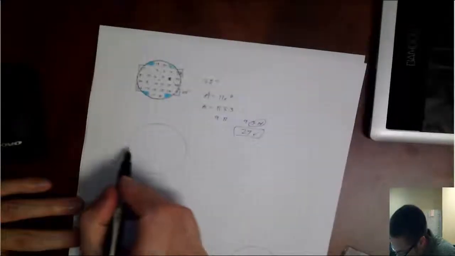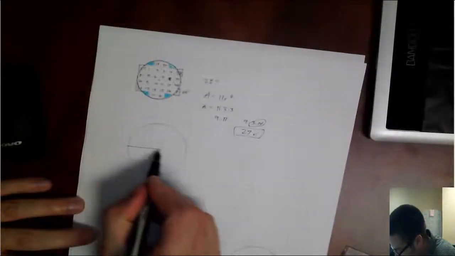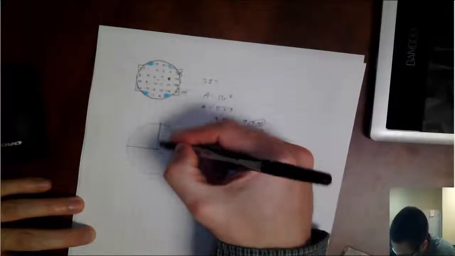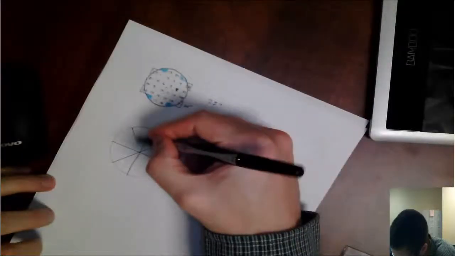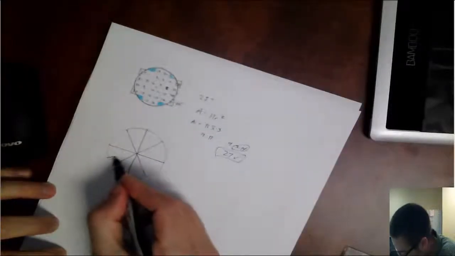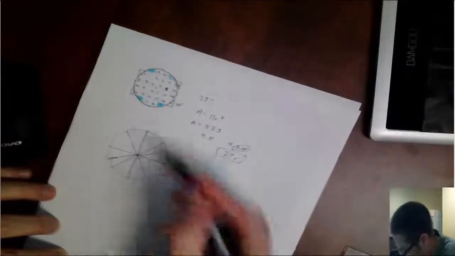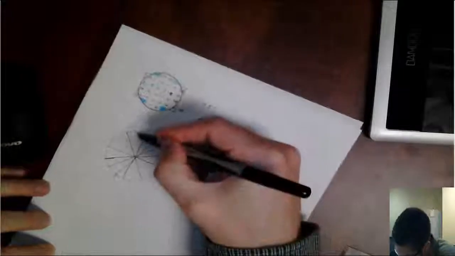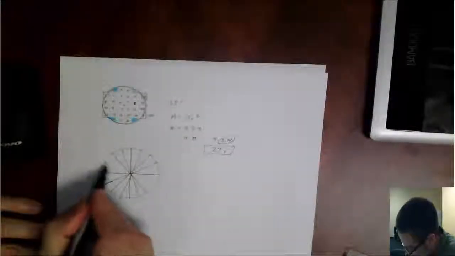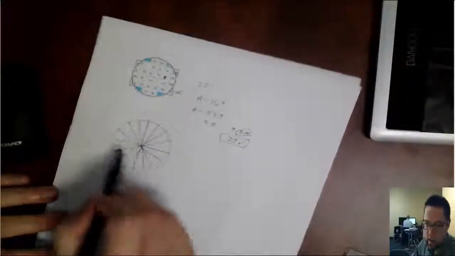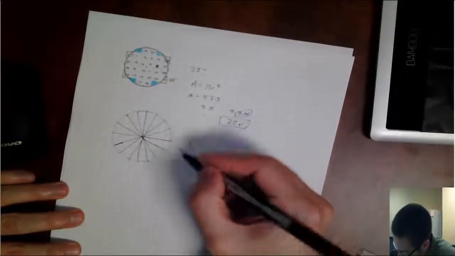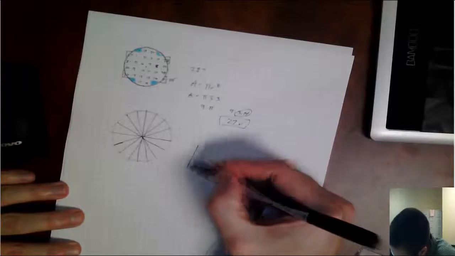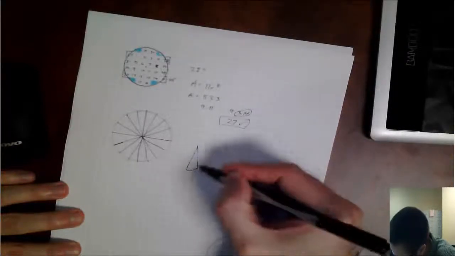Okay, I could split up the circle this way, cut it in half, cut it in half, cut it in half, cut it in half, cut it in half, this way, this way, this way, this way. Okay, so I have a bunch of pie shapes, just like a pizza, and if I laid those out flat on this line over here, they'd look something like this.